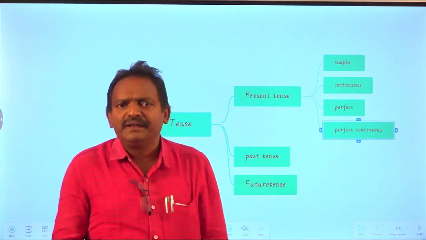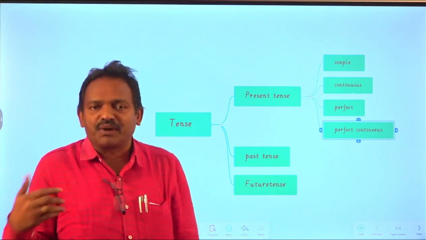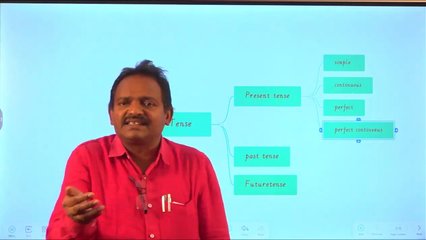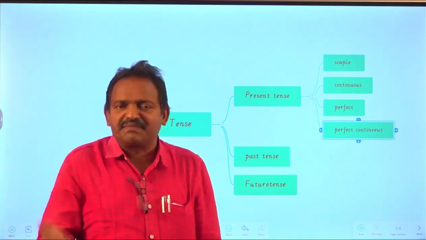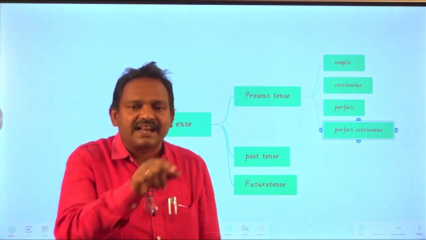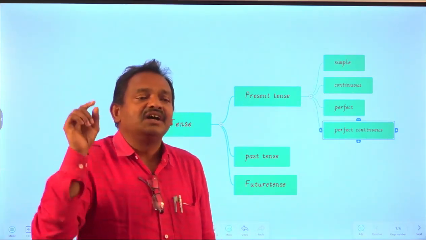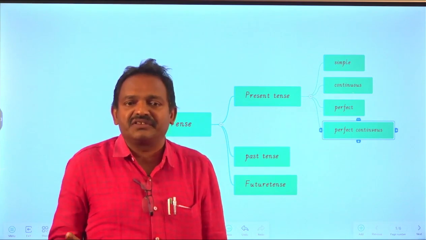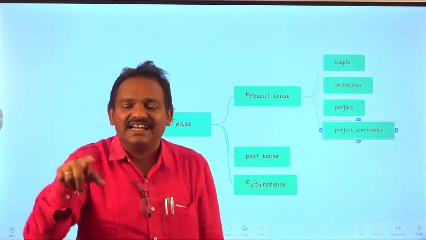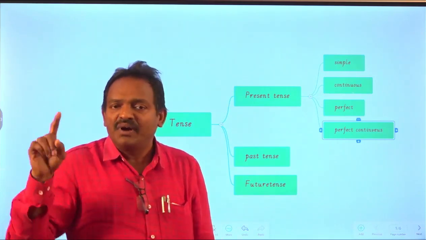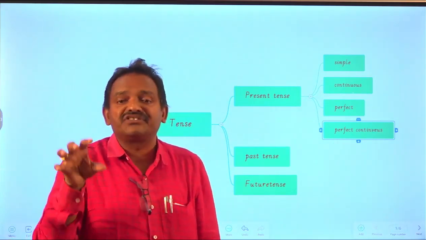Third one, statements and proverbs. You see, "Delhi is the capital of India." That is a statement. Every statement is in the simple present tense. Here, is is the helping verb of the present tense. If there is no main verb, we have to use is, am, are. These are the present tense helping verbs.